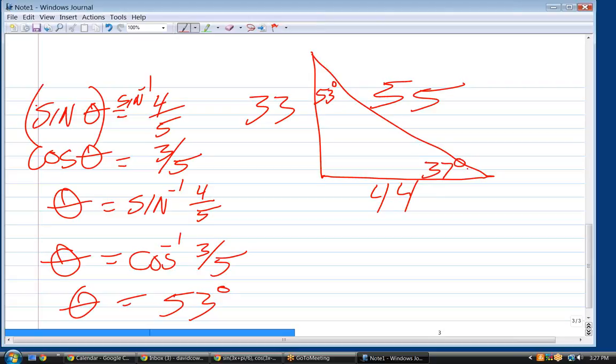They're odd. 53 and 37 are those two angles, and they always are that on a 3, 4, 5 triangle. But oddly enough, it's rare that you need to know those angles. The only thing you really need to recognize are 3, 4, 5 triangles most of the time.